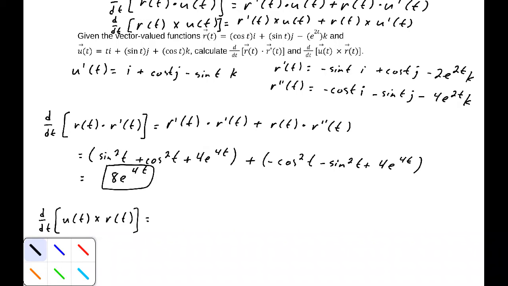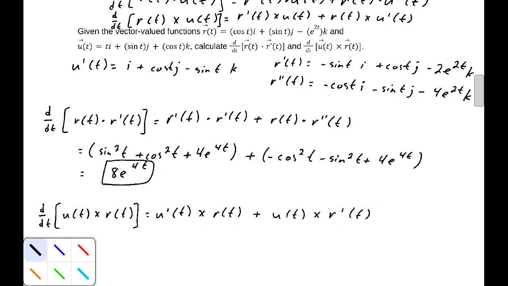So the derivative with respect to t of u of t crossed with r of t, from our product rule for the cross product, would be equal to u prime of t crossed with r of t plus u of t crossed with r prime of t.